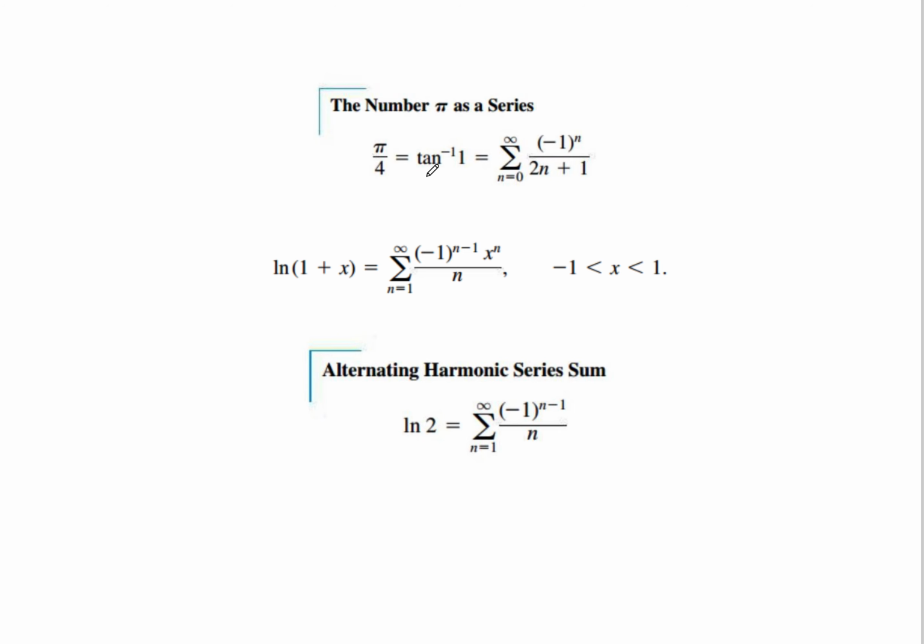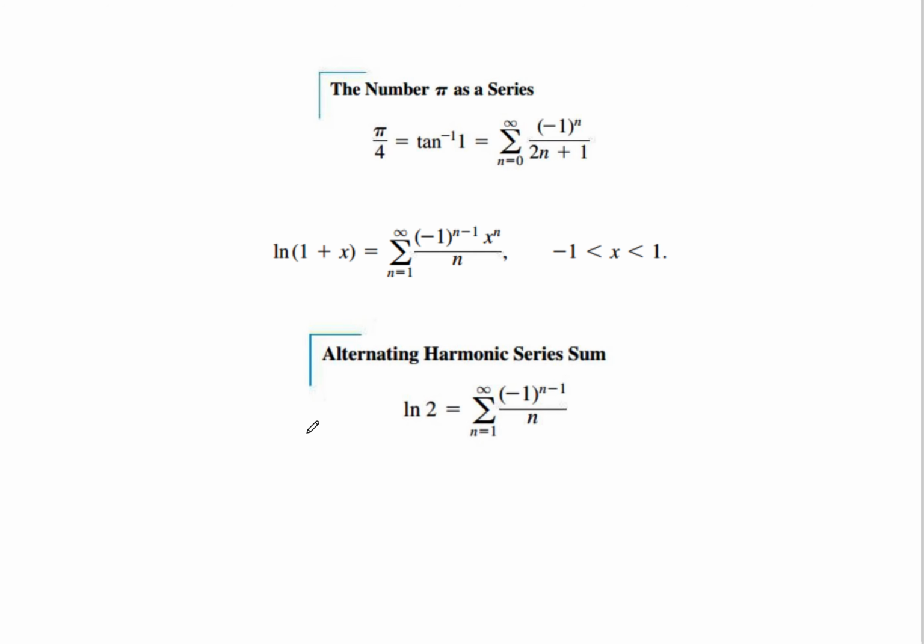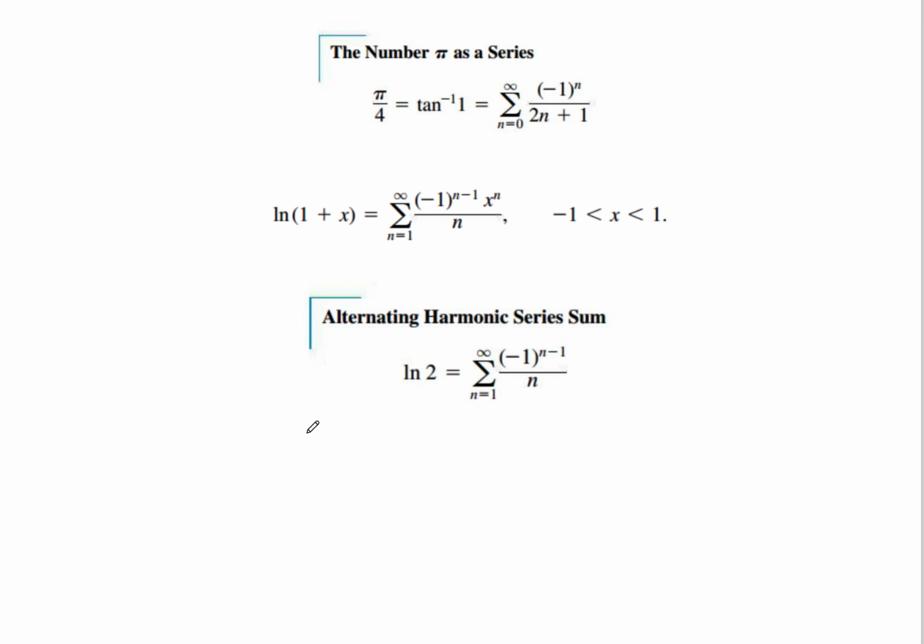It's equal to inverse tangent of 1 of the series. And we're able to also write the natural log of 1 plus x as a series. This bit here is going to come in quite handy later in the chapter. And then I also have the alternating harmonic series sum, which is the natural log of 2.